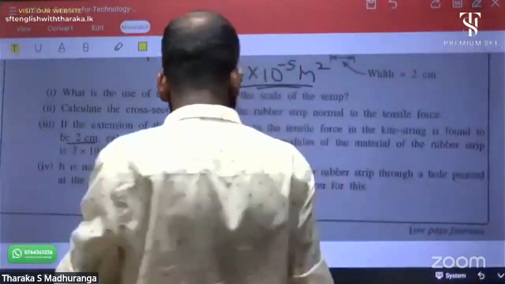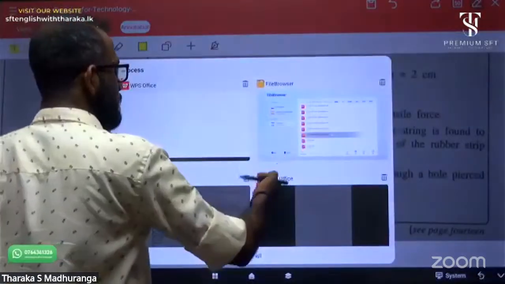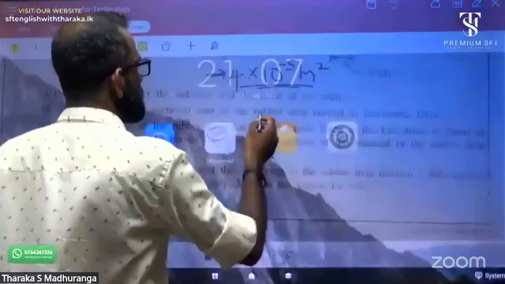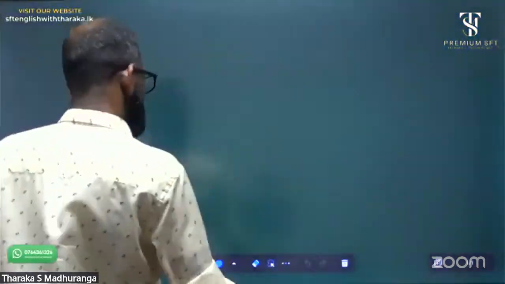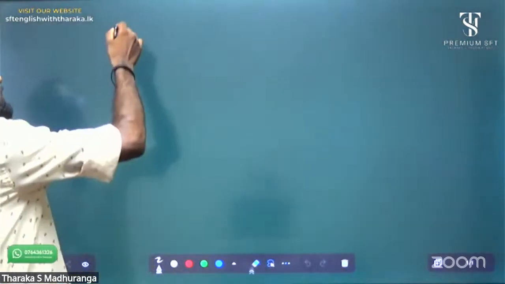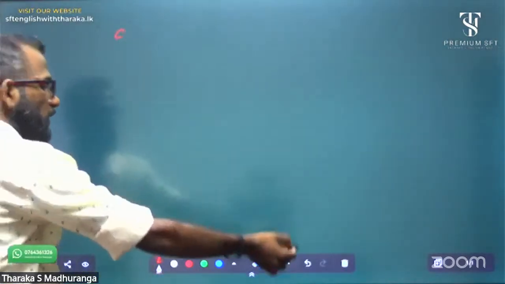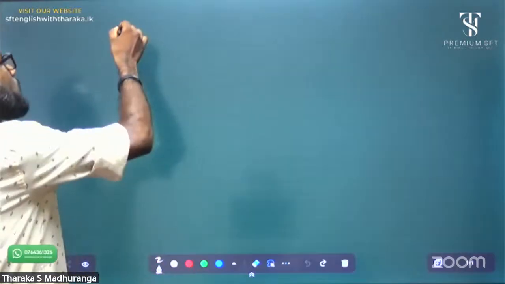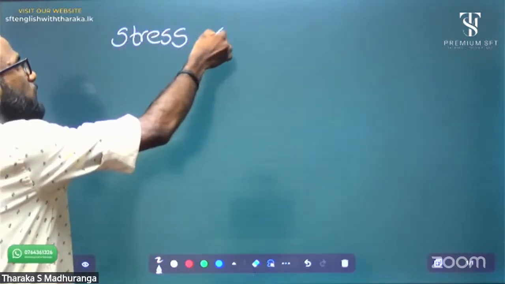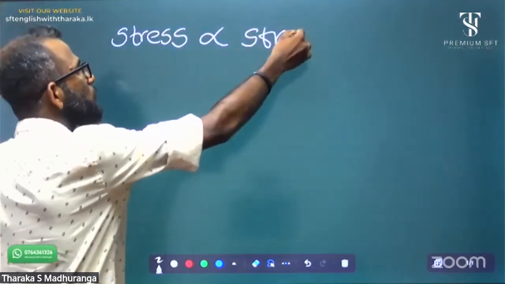Now, this is the most important part and it is easy. You know the stress. Last week I explained the stress. The stress is directly proportional to the strain according to Hooke's law.